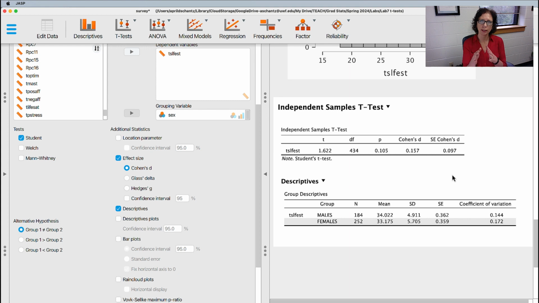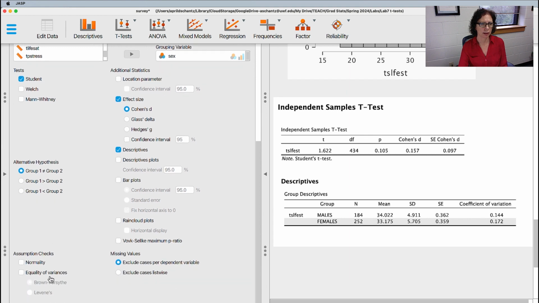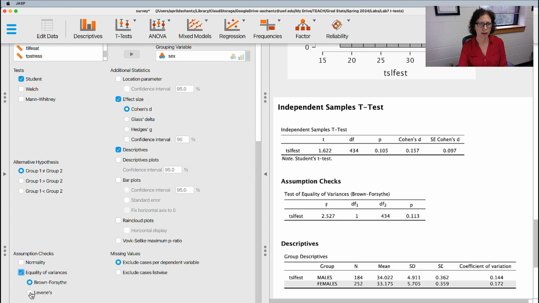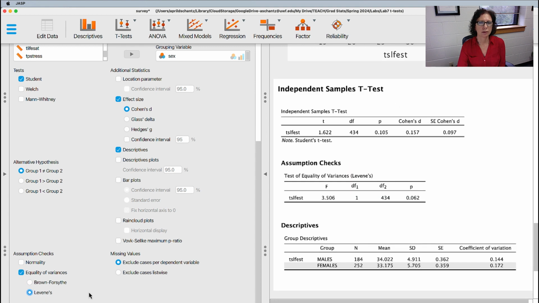But right now, we still have not checked one of the other assumptions for the t-test, and that's the homogeneity of variance using Levene's test. We can get that by going into the bottom where it says assumption checks, equality of variances, and Levene's. So now we have Levene's test on this table in the middle.